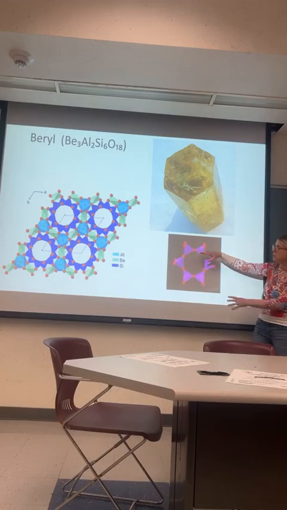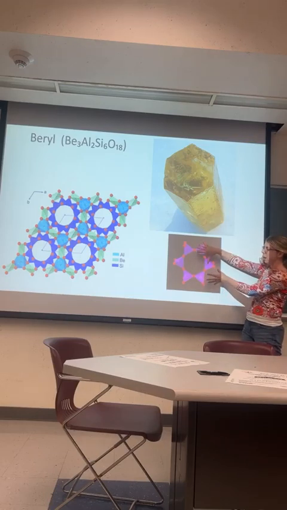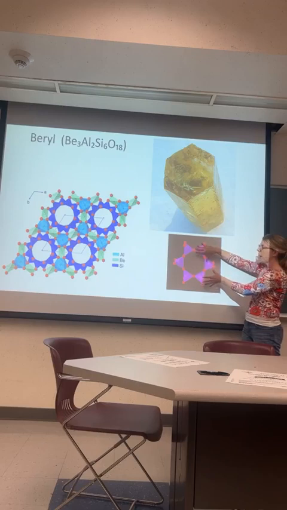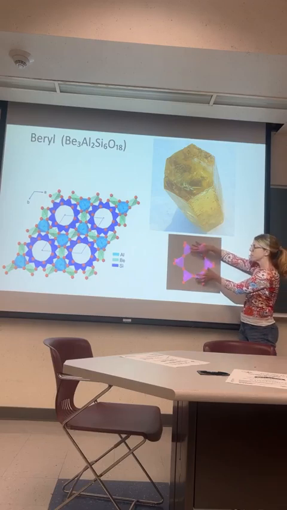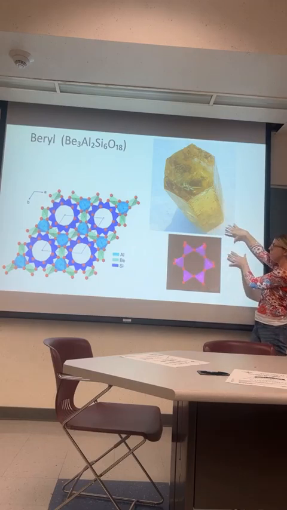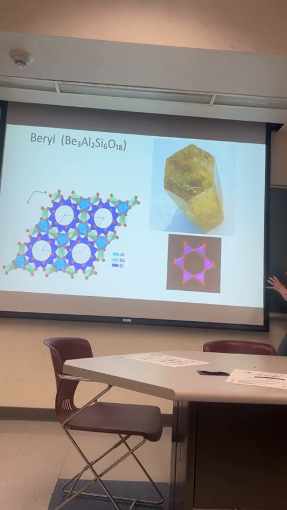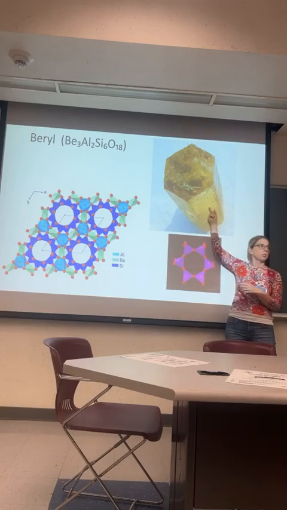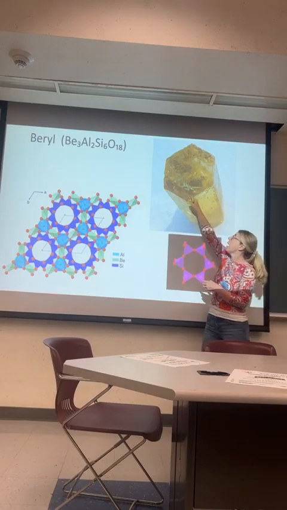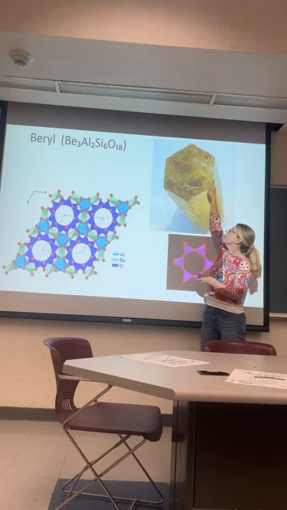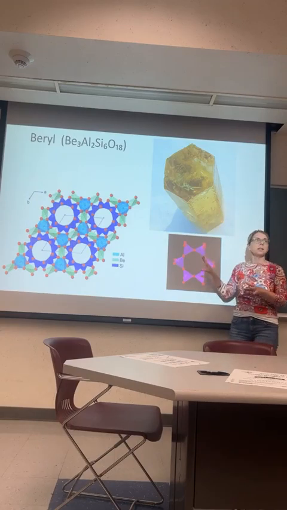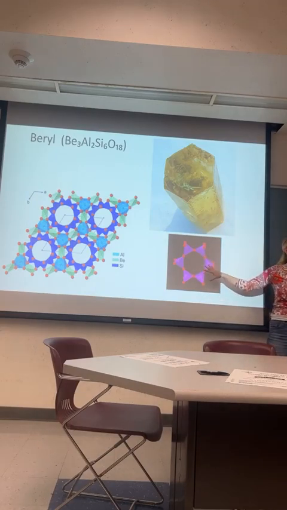So this is the basic building block of beryl: you have these 6-membered hexagonal rings that are bonded essentially infinitely in that structure, and it's reflected in its external form. You look down that axis, and it's a hexagon. It's reflecting this internal atomic symmetry.